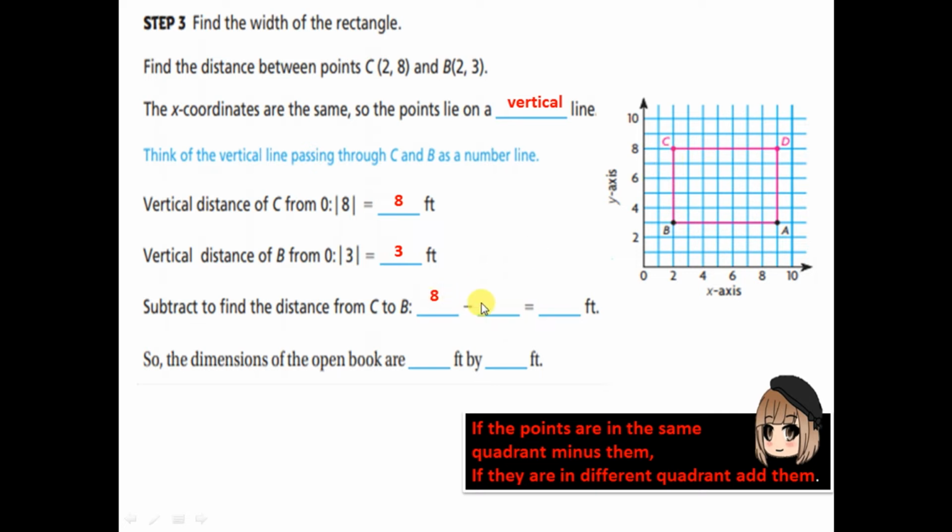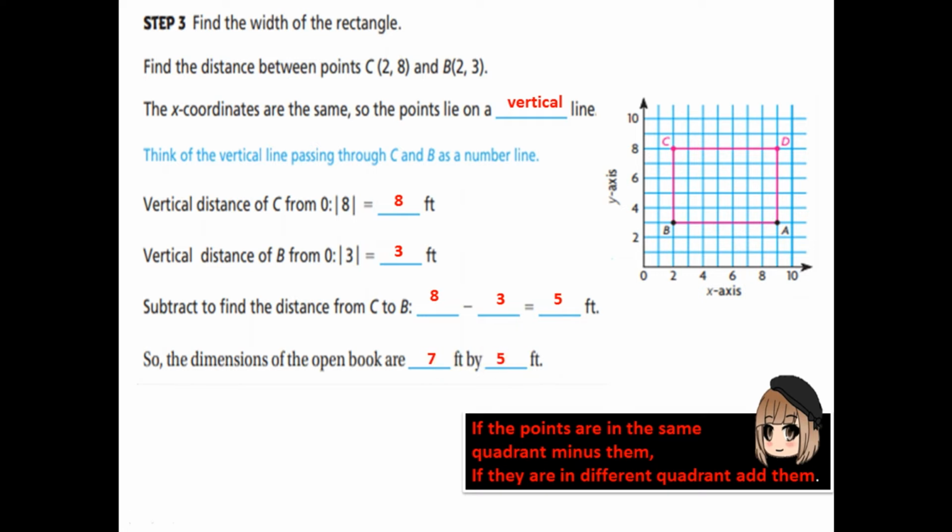So 8 minus 3 equals 5. Now you know the dimension up and down is 7 and 7. Then the two vertical dimensions are the same, 5 and 5. So the dimensions here are 7 and 5.